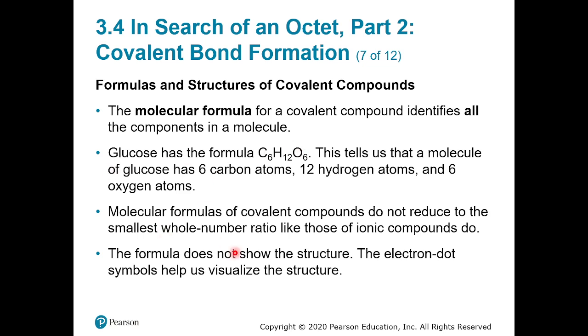The molecular formulas of covalent compounds do not reduce to the whole number ratio like an ionic compound would. So with an ionic compound, if we were to write something like calcium fluoride, and we put 3 calcium, 6 fluorides, you divide by the same number to normalize it. Okay? So you take that, divide it by 3, right? You get 1 calcium, 2 fluorides.